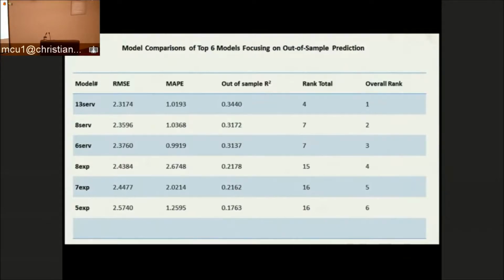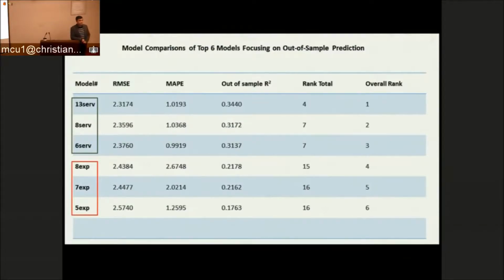So if you look at this 2.31, that's consistently the lowest value. So this model is ranked first by RMSE, meaning it has the lowest error in prediction, the best model for prediction. The same here, and it has an out-of-sample R-squared of 34%, meaning it's able to explain 34% of the unseen construct.